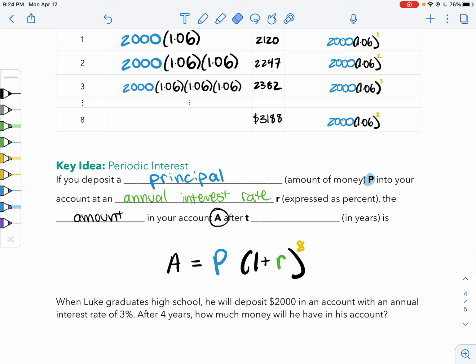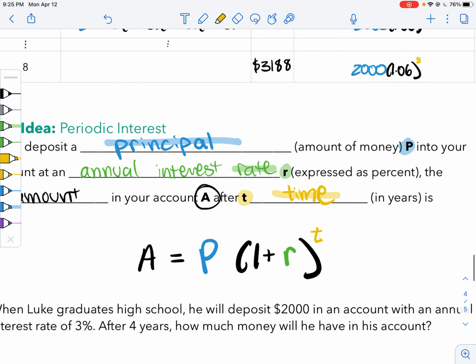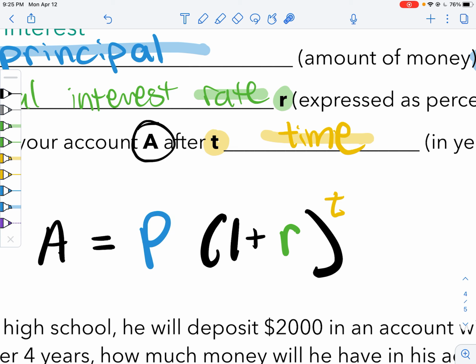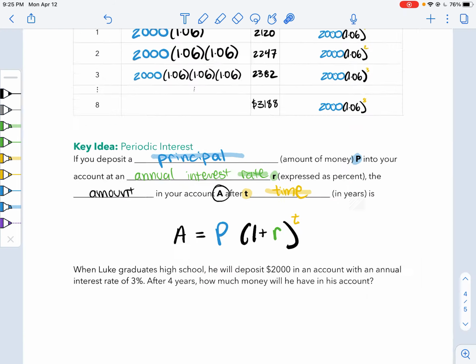And then here 8 was our time, how much time had passed in years. Oh, hey, look, there it is. So R is your rate, P is your principal, T is your time. Isn't it pretty? Get it? Pretty?